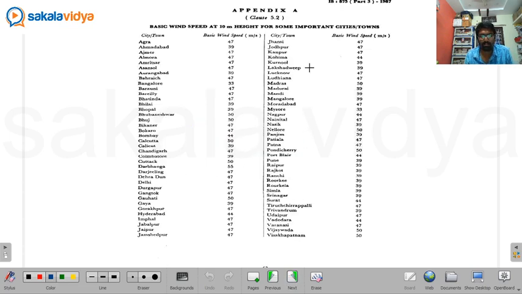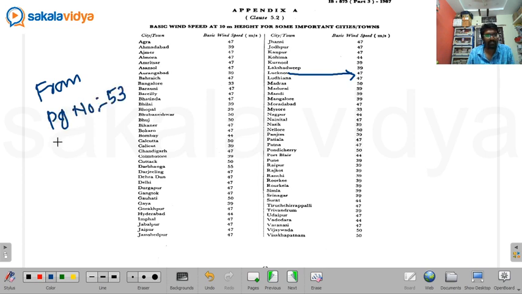For Lucknow it is 47, from page number 53, codebook IS 875 part 3.